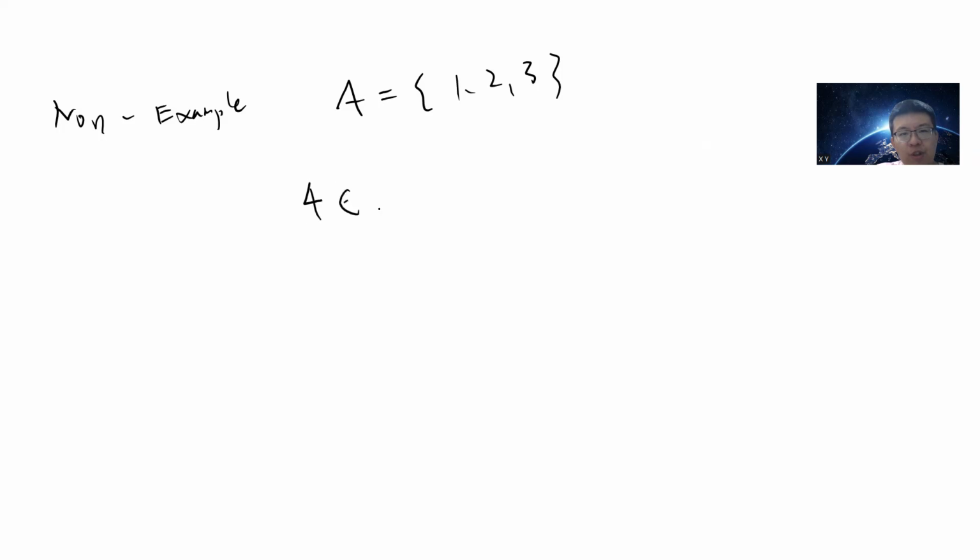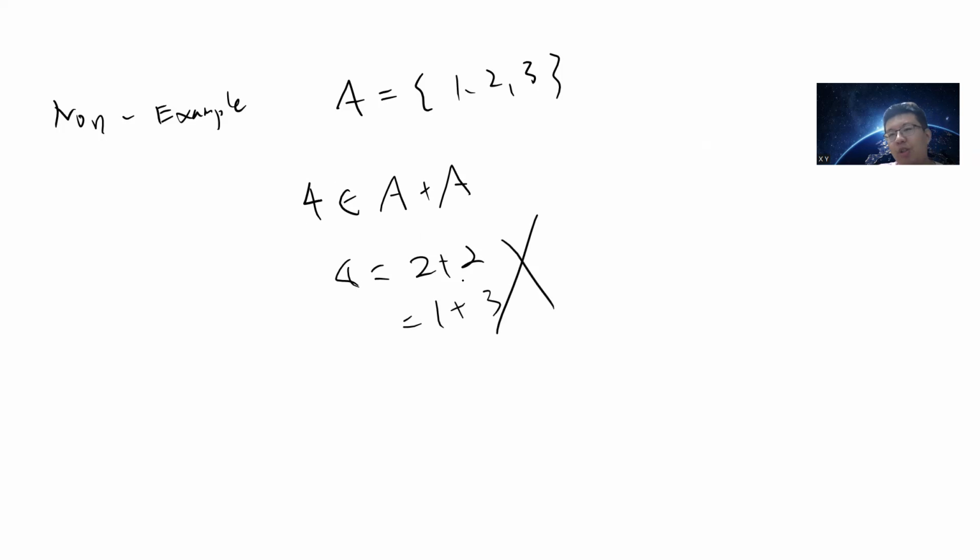So 4 is in the sum set A plus A, but 4 can be written as 2 plus 2 or 1 plus 3. That means 4 cannot be uniquely decomposed in A plus A. The trivial decomposition means exchanging 1 plus 3 for 3 plus 1, but in this case 4 has two different decompositions. So that means this A is not a Sidon set.